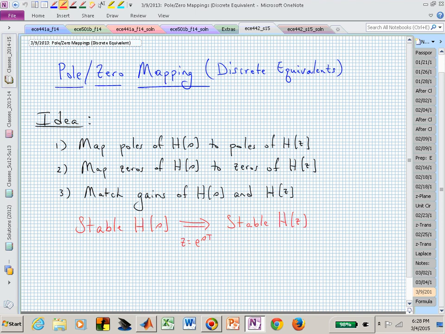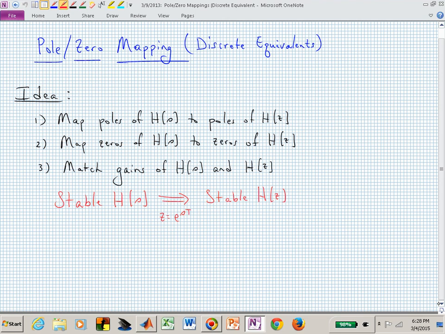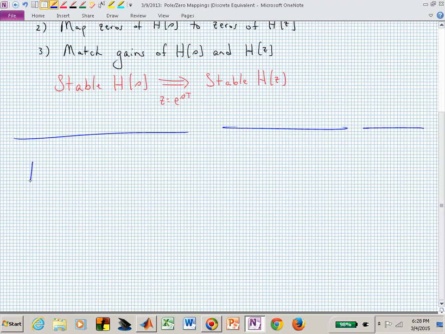Let's walk through this in a little bit more detail. Here's the approach. In this approach, I may throw in some examples so that you see what we're doing as we go.